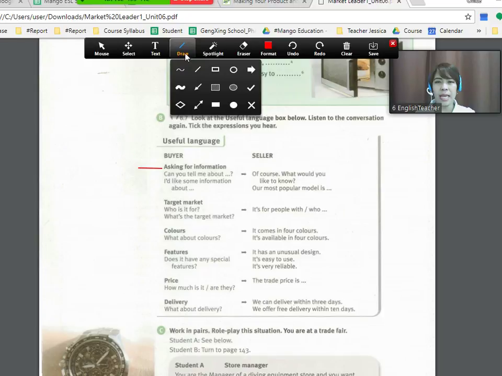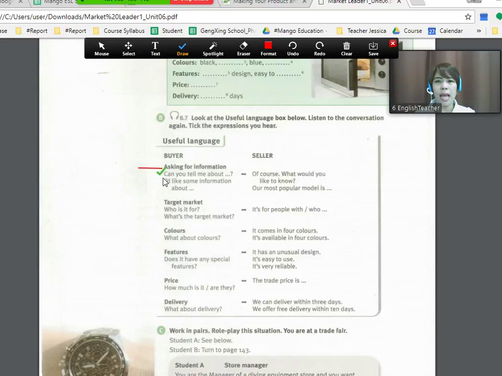Okay? Now, if you are targeting a market, when you want to ask about who your target markets or your customers are, the questions that you need to ask are, first, who is it for? Next, what's the target market?